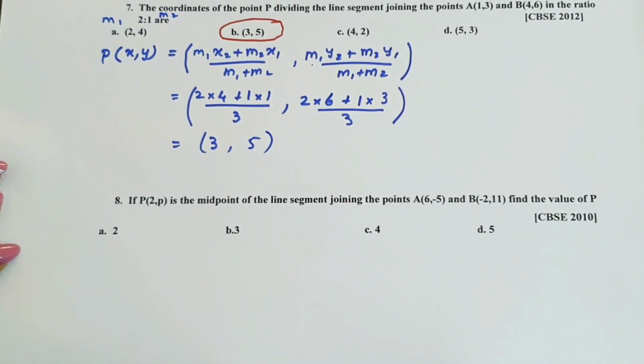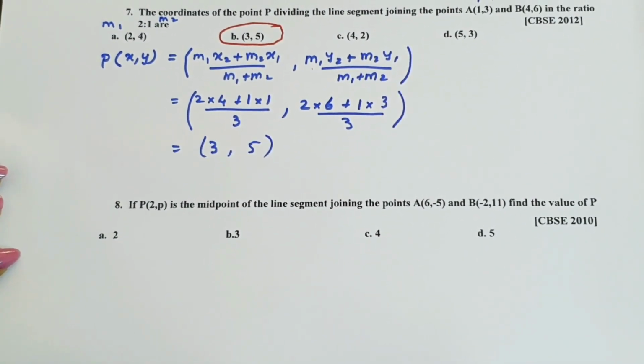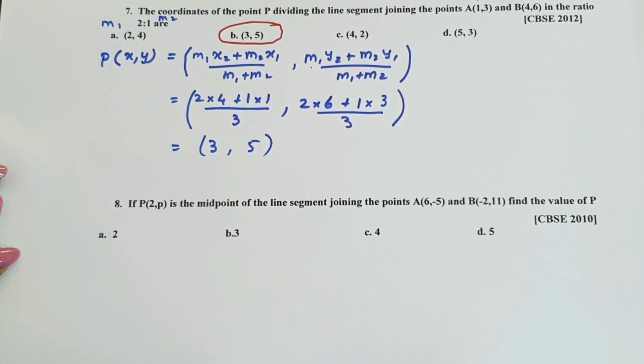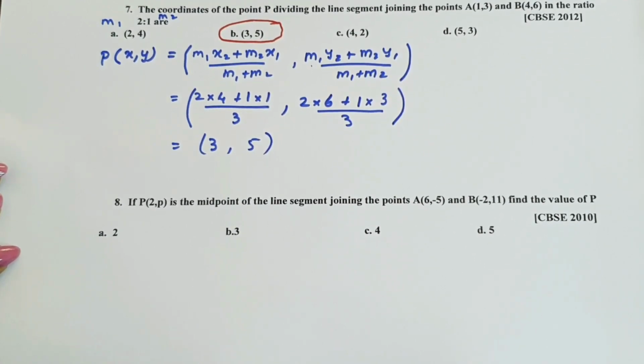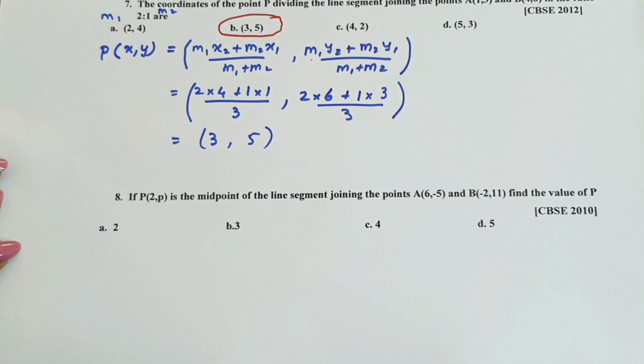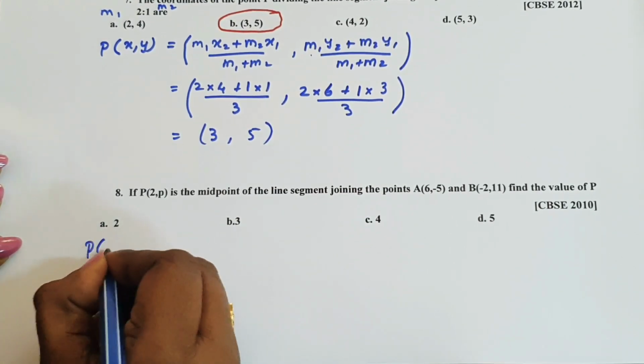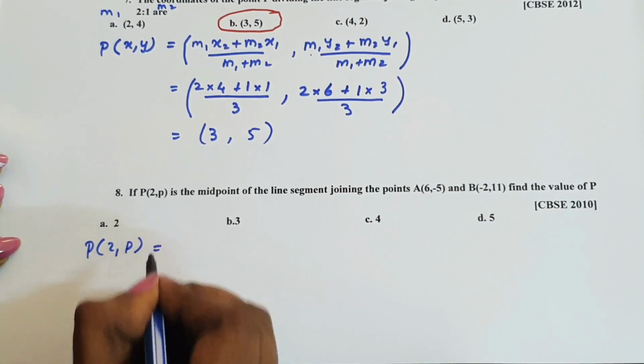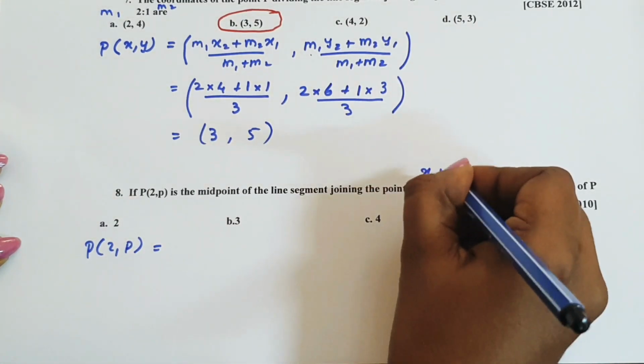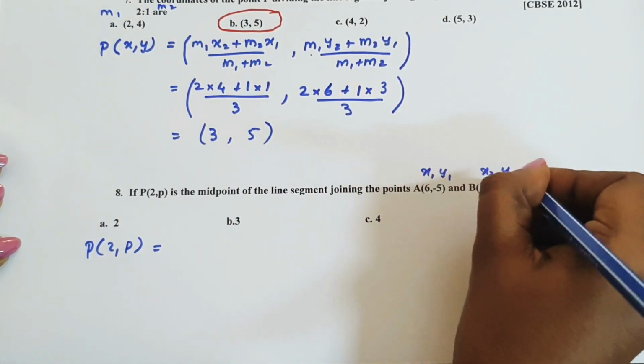Question number 8. If P(2, P) is the midpoint of the line segment joining the points A(6, -5) and B(-2, 11), find the value of P. So midpoint formula, it's a direct question. P of 2P. So what is the midpoint formula? Let's write x1 y1 x2 y2.